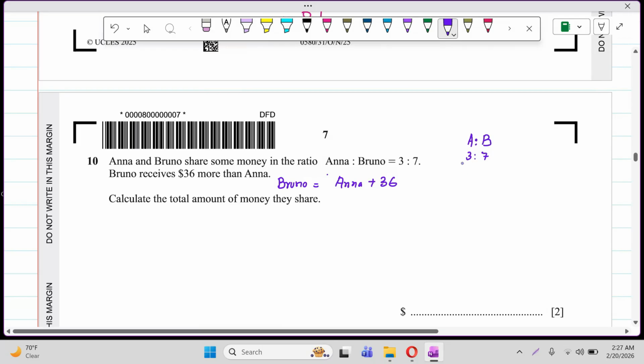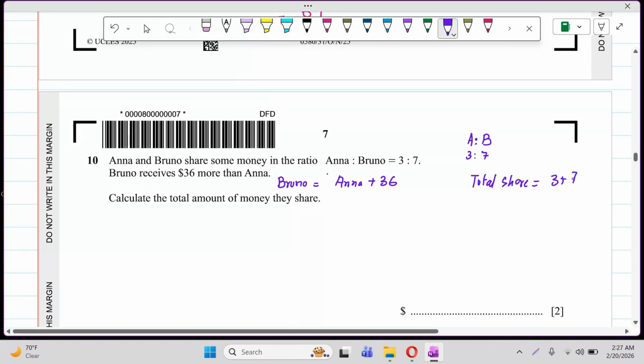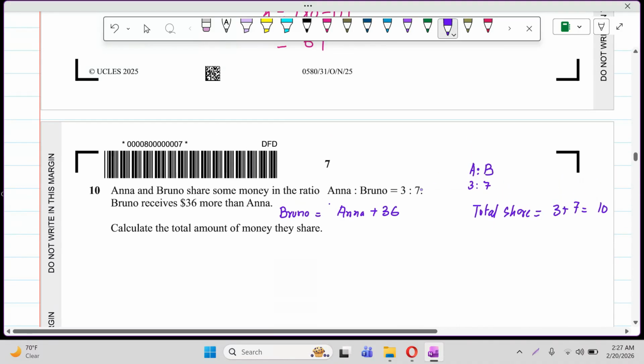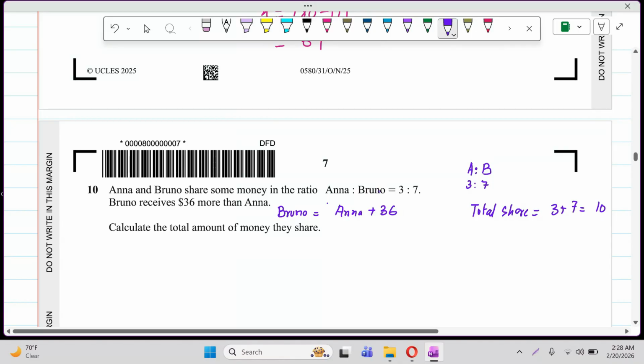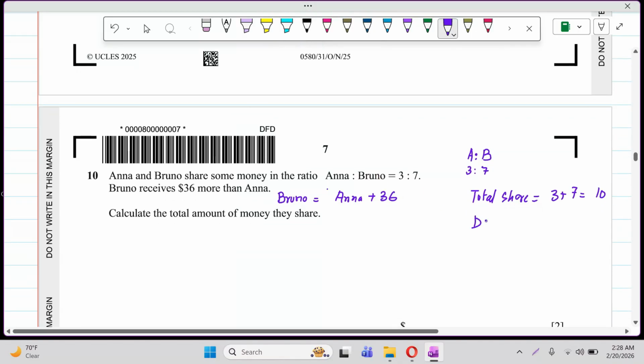Total number of shares is equal to the sum of the individual shares. So total shares is 3 plus 7, and this is equal to 10. Bruno's share is 7 and Anna's share is 3. So Bruno's share is more than Anna's. The difference of the shares is 7 minus 3, which is 4.